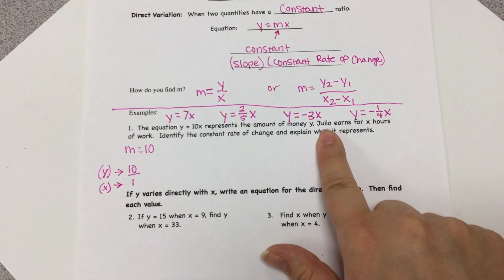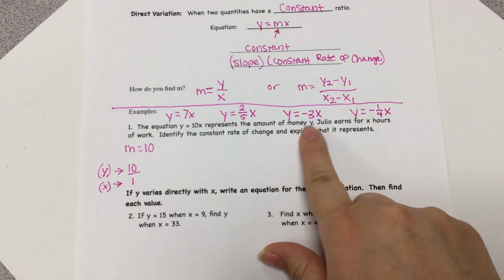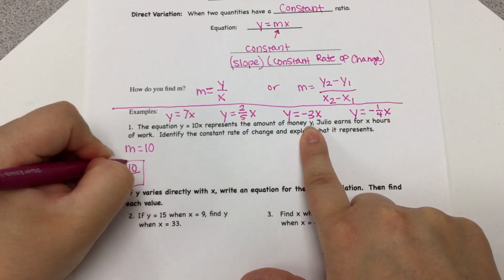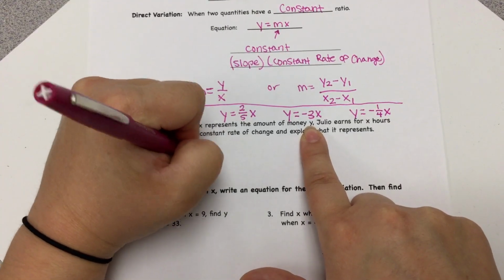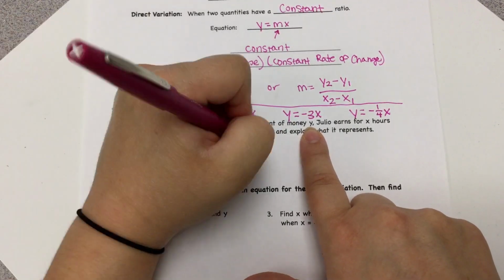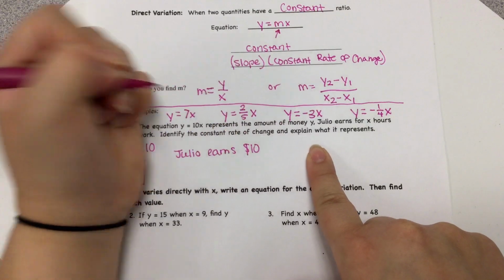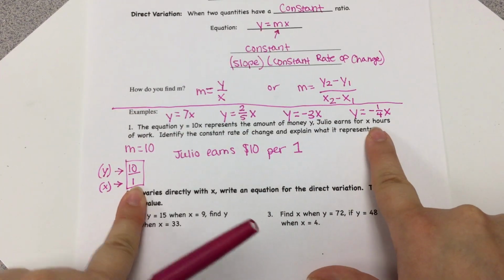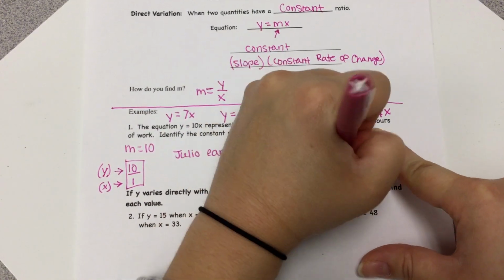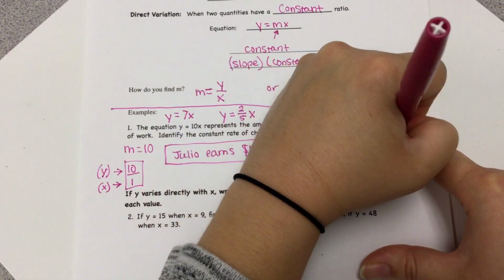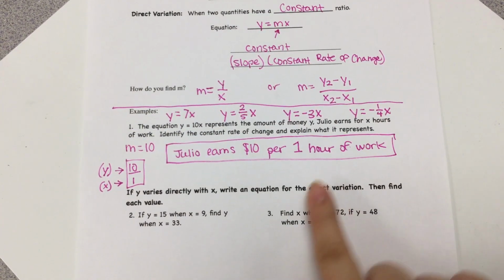So in this case, since y represents the amount of money that Julio earns for work, we can explain our slope as Julio earns $10 per 1 hour of work. And there we go. We've just explained our constant rate of change or our slope.